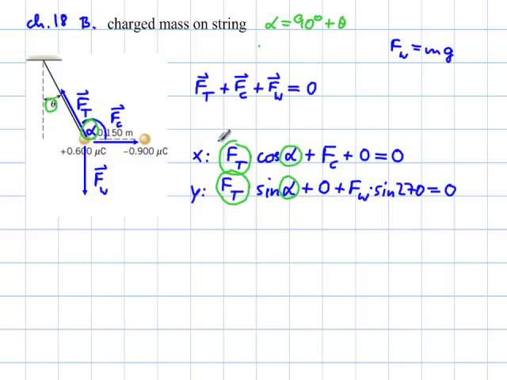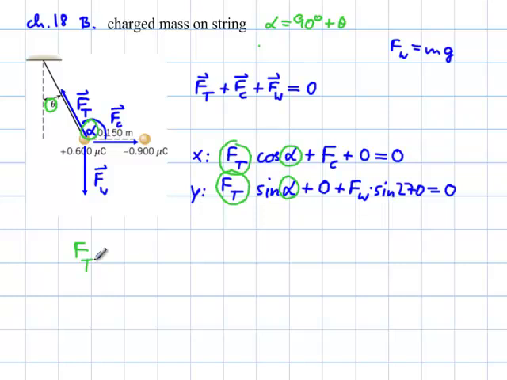The easiest way to do that is to get just these parts on one side of the equation and then the other parts on the other side, and then divide, because when I divide that with only this stuff on one side, the Ft will divide out. And I will divide the y by the x, and you will see in a moment why I do that.